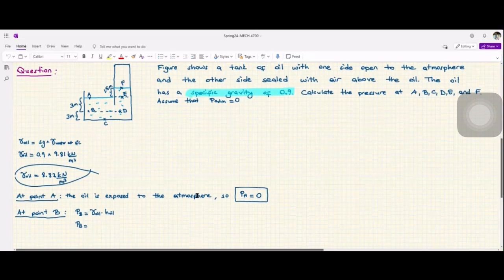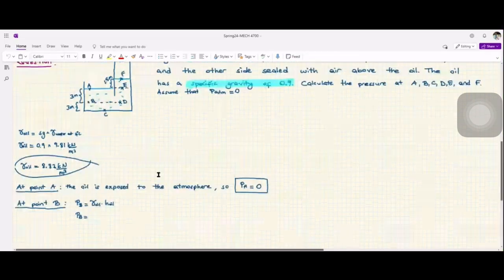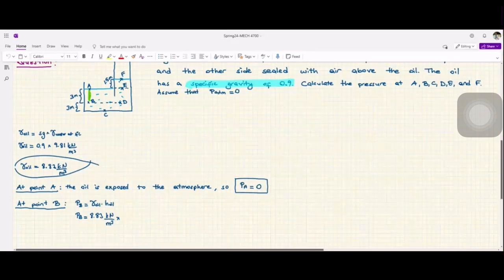Let's scroll down. 8.83 kilonewton per meter cube times the height. All right, so we have this much of oil pushing B down, right? We have this much of oil just above point B. So we have to really consider what we have above point B, which is 3 meters only.